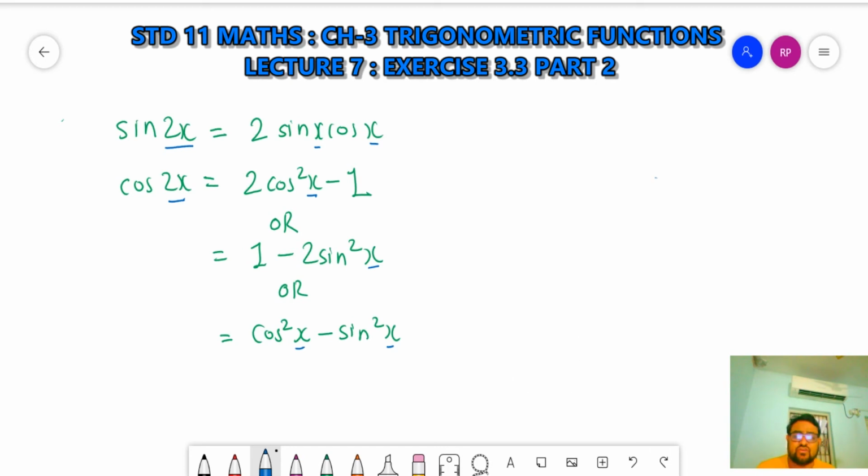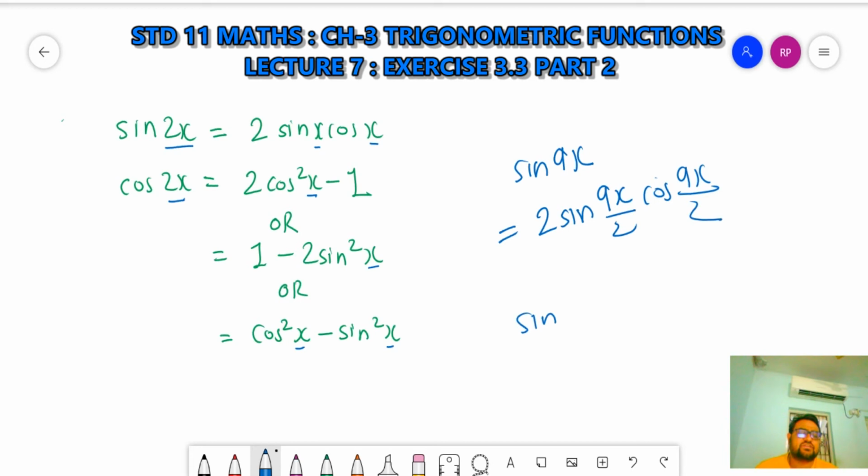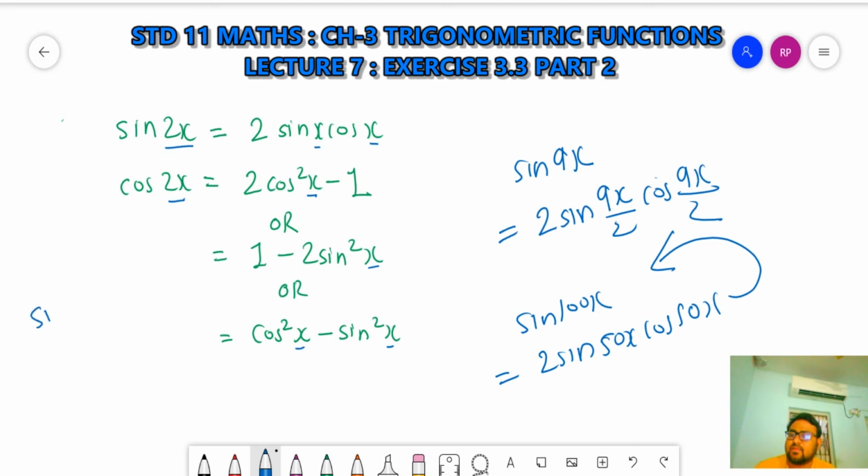So remember, we are reducing the angle. If it is sine 9x, then you can use this formula in this way: 2 sine 9x by 2 cos 9x by 2. If it is sine 100x, then you can use 2 sine 50x cos 50x. You can also use this formula in reverse way. Like if the question is given like sine x by 2 cos x by 2, what I will do?